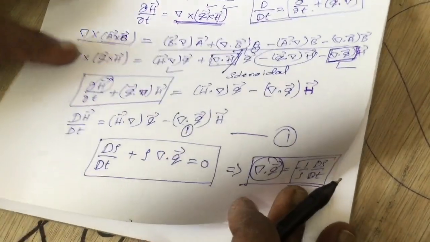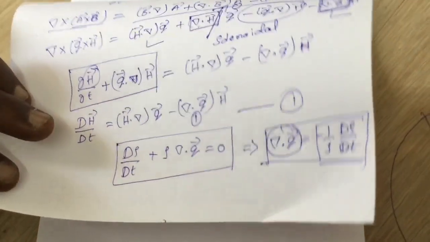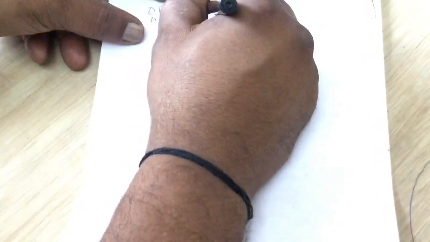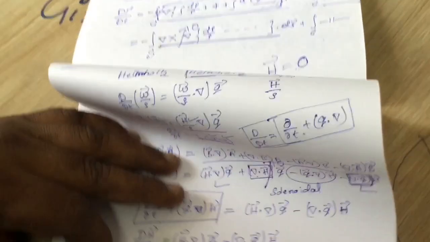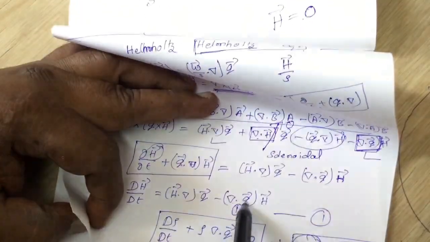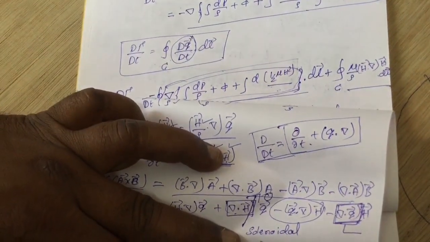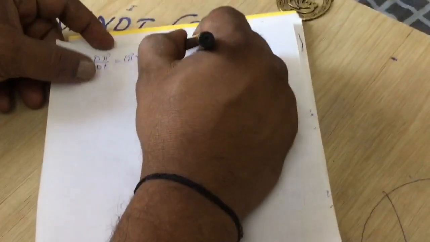Then this equation will become dH by dt is equal to H dot del of Q, minus del dot Q into H. That term can be written as minus, and here one minus is there, that will become plus H by rho into d rho by dt.